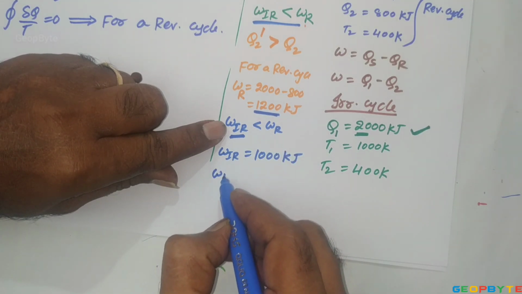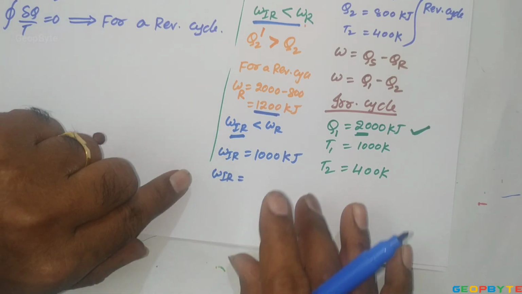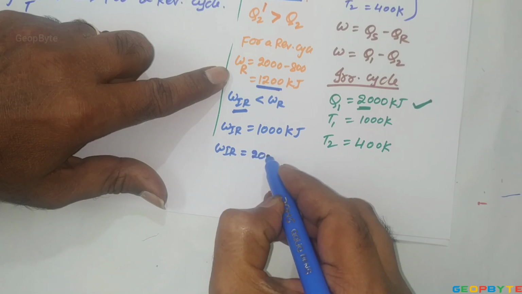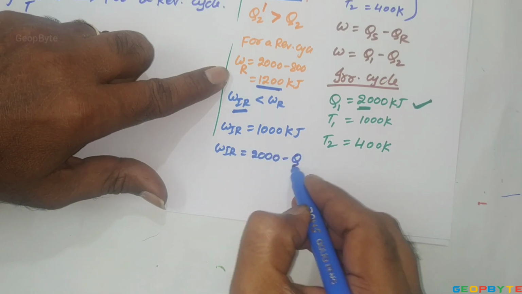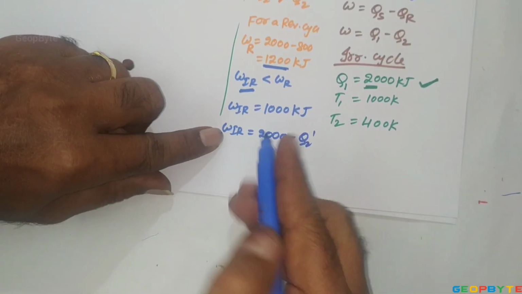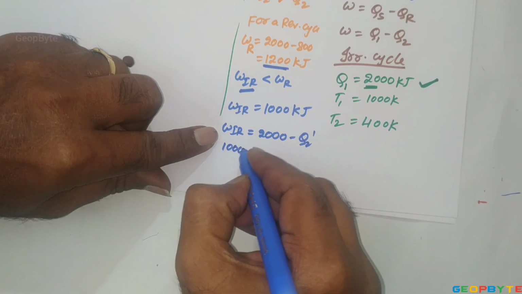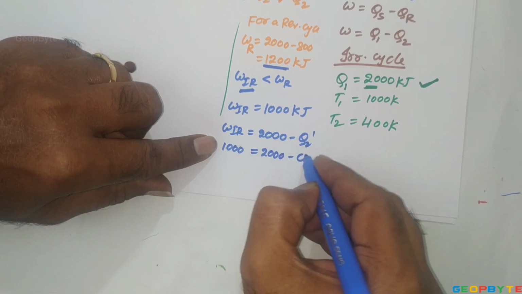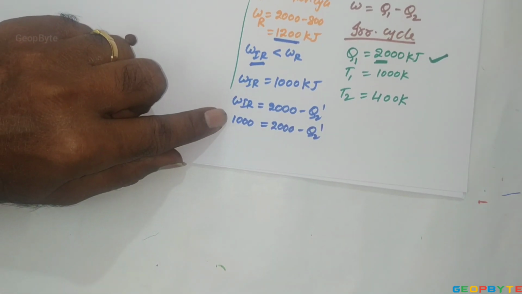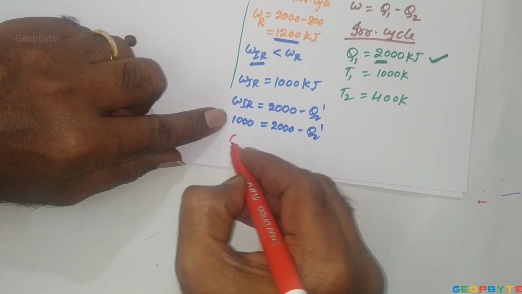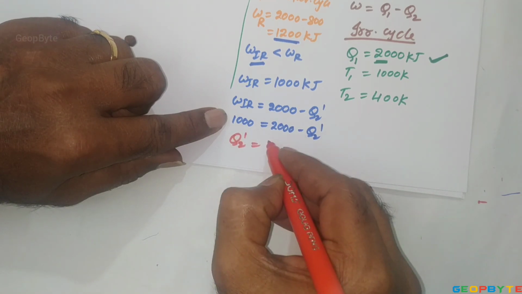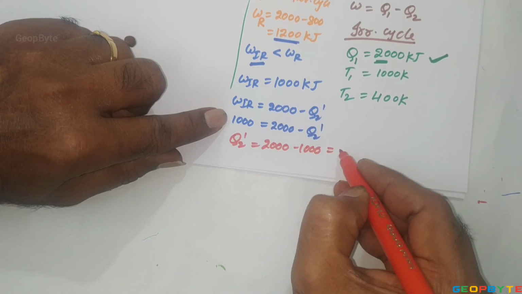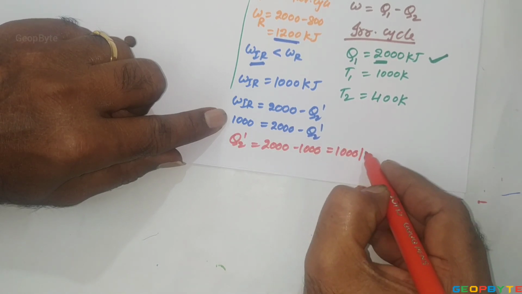Then the irreversible cycle work is equal to heat supplied, 2000, minus Q2 dash. This irreversible work is equal to 1000. Irreversible work 1000 equals 2000 minus Q2 dash. Then the heat rejected by the irreversible cycle is equal to 2000 minus 1000, which is 1000 kilojoules.